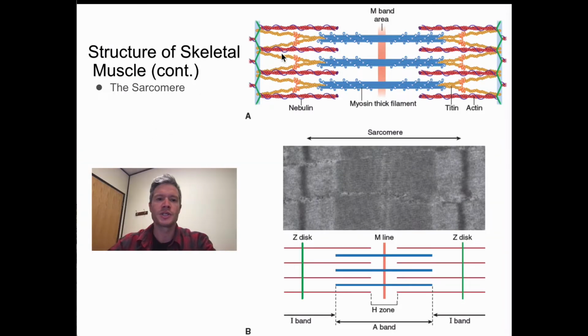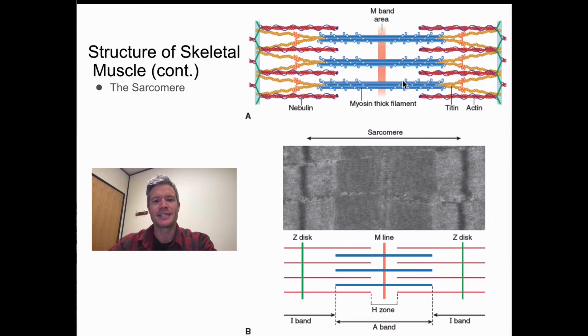We'll start going through this more elaborate diagram up here, and there are two components of particular interest when we're talking about a sarcomere that you should become really familiar with. One is myosin, the blue thick filament of proteins here in the middle. We can find that here in this image of a sarcomere.